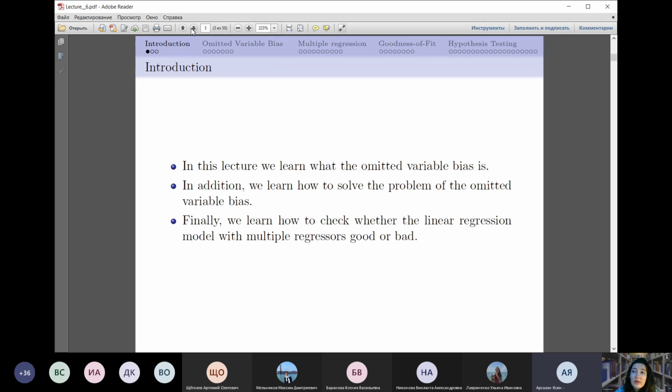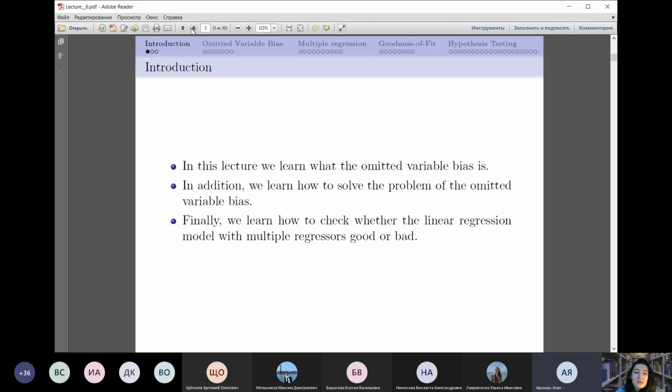Because in other cases, when you have more than two independent variables, the notation of the models and formulas will be really very complicated, and it's better to use matrix notation.